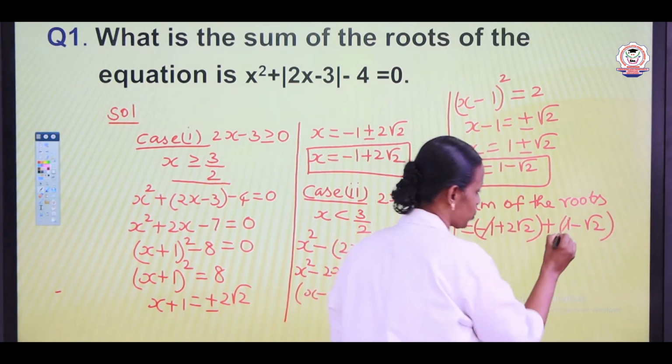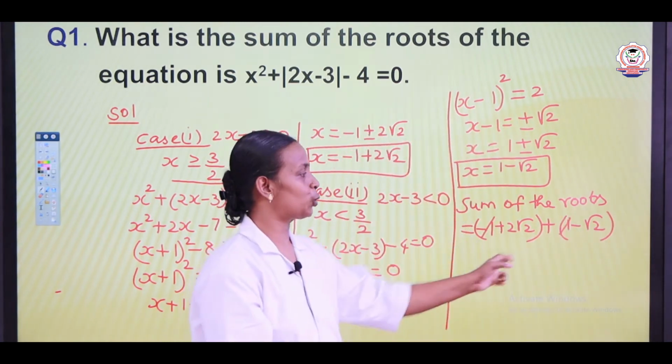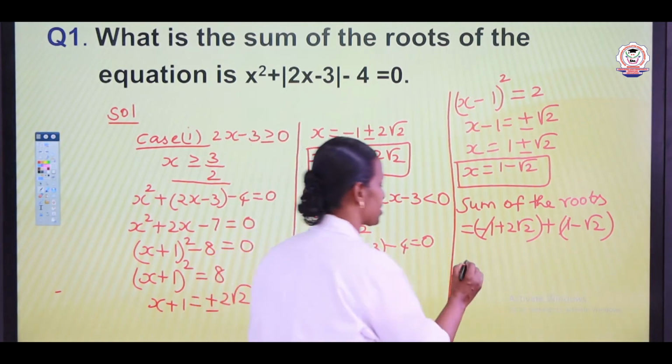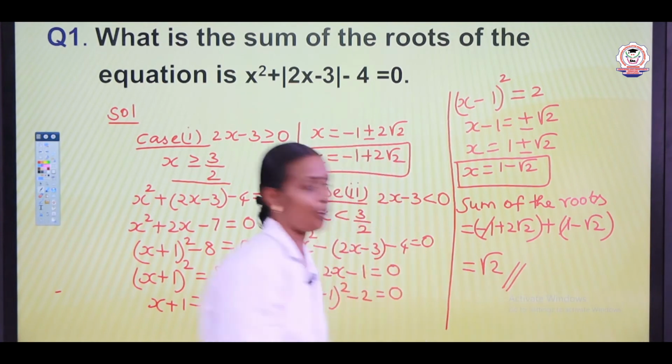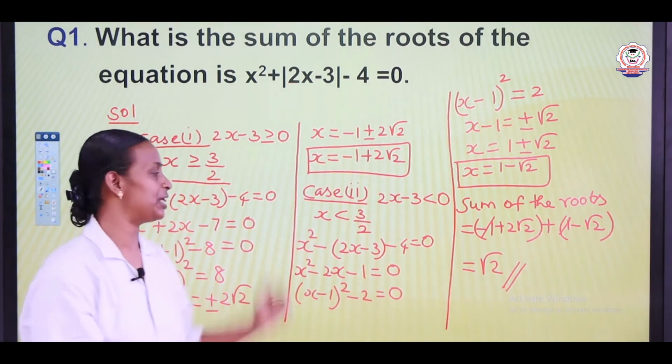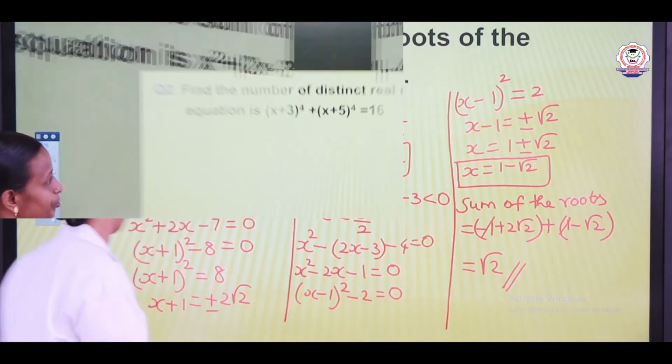Minus 1 plus 1 get cancelled, 2 root 2 minus root 2 is root 2. So, sum of the roots of the given equation is root 2.